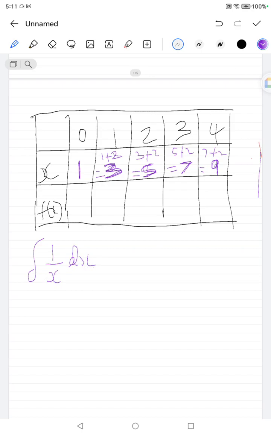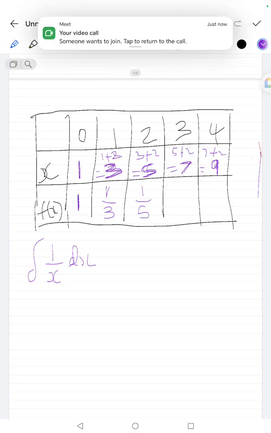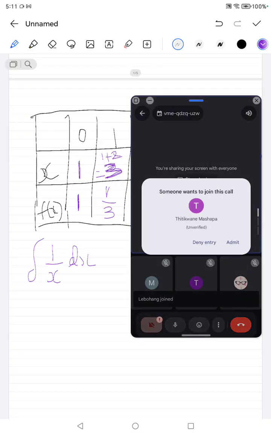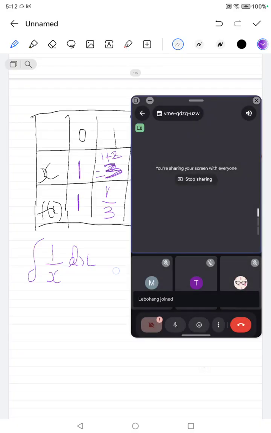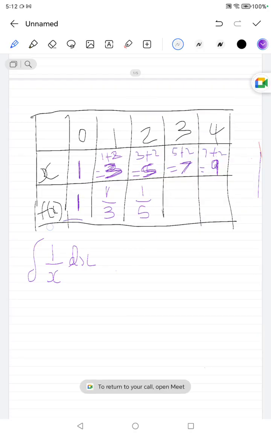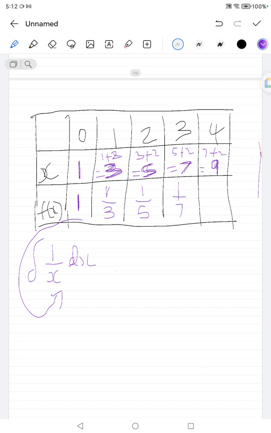So 1 over 1 is still 1, then 1 over 3, then 1 over 5, then 1 over 7, and here 1 over 9. I'm just taking the x values and substituting them where you see x.